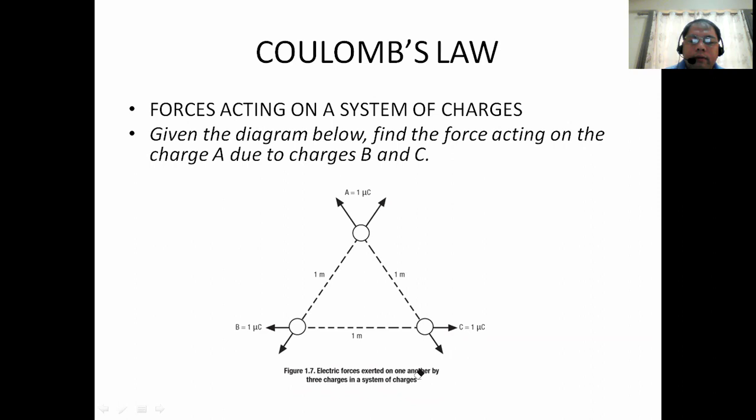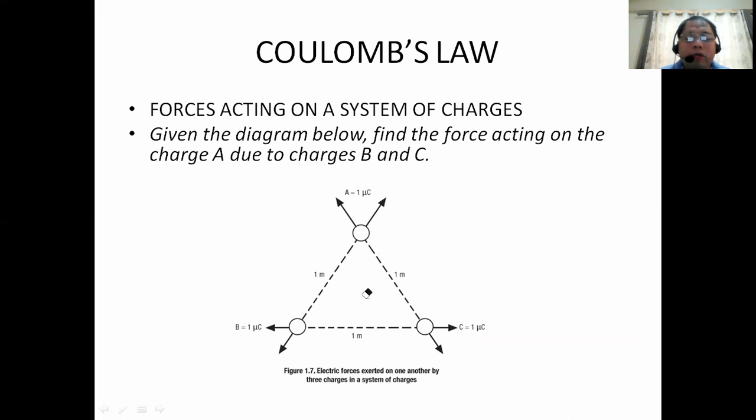Because of this attraction or repulsion, there would eventually be a net direction of the force. So it will not simply be one line, where the charges are either pulling to one another or pushing each other away. But if we align them in this manner, then there would be a net force that will now act on our object.